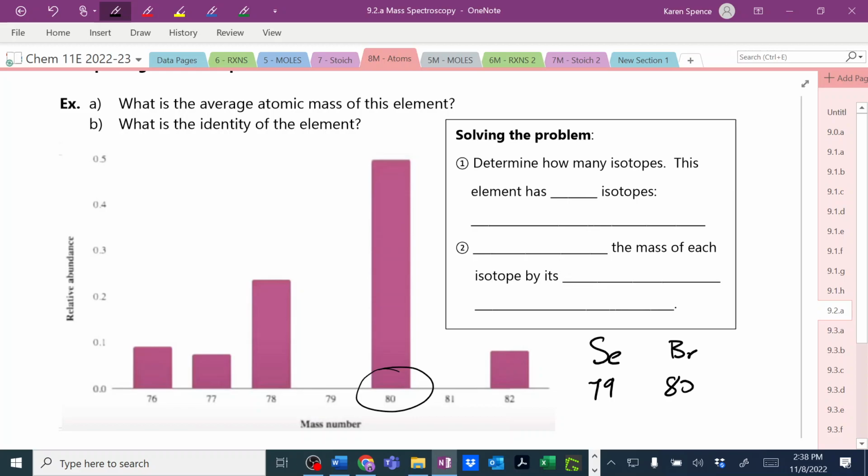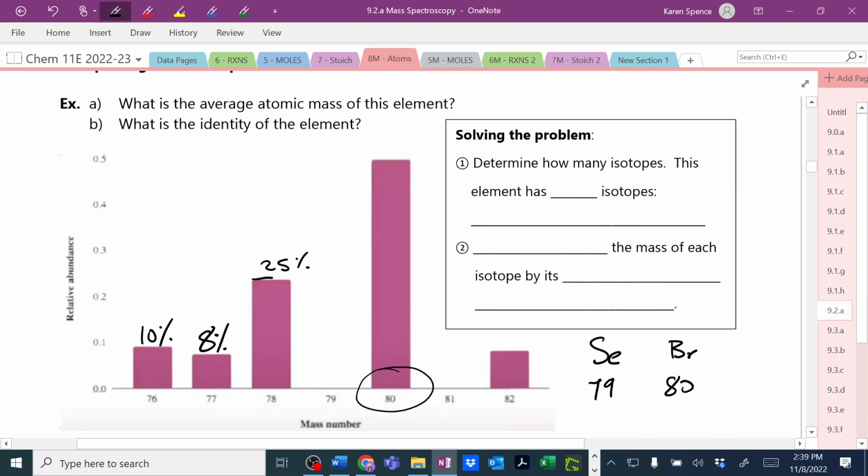And I would look at that and be like, well, I have a 50%, which is 80. And I have 25% and 10% and 8%, which are below 79.